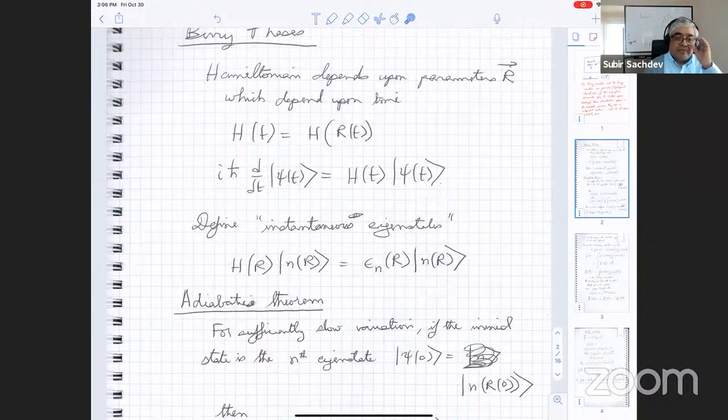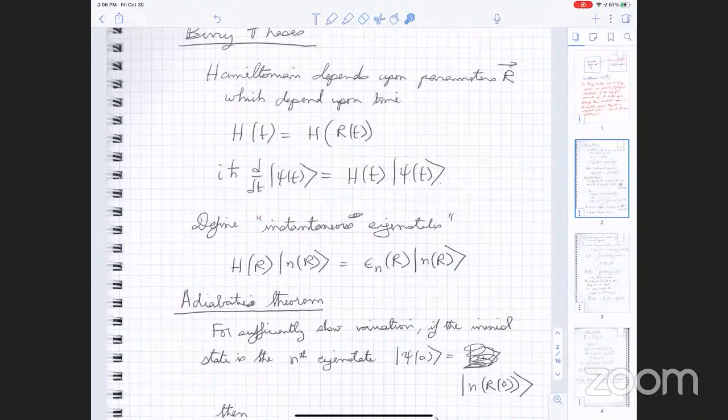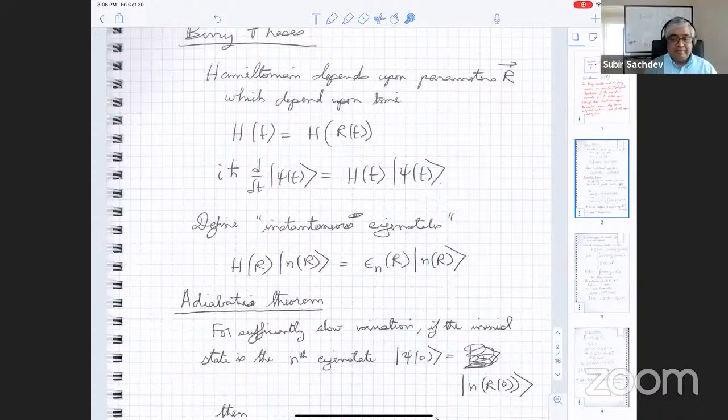Of course, it's not easy to solve. It's a time-dependent Hamiltonian. We can't solve it in general, but you can solve it almost completely for the case where this variation in time is very slow, which is called the adiabatic variation.